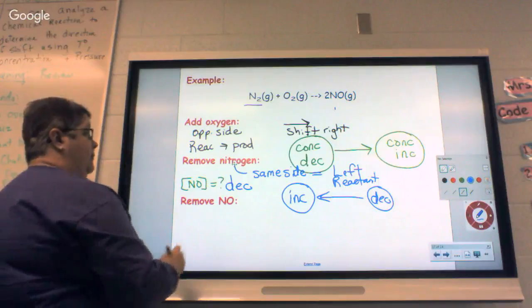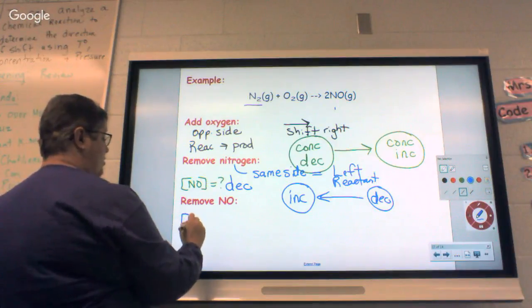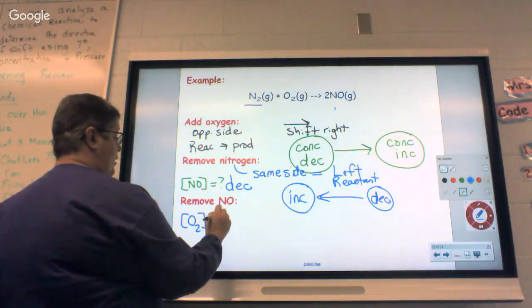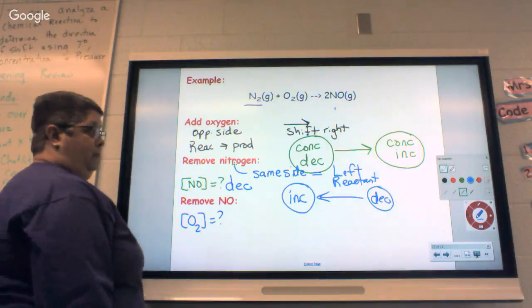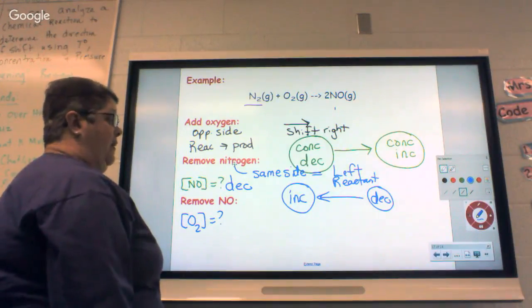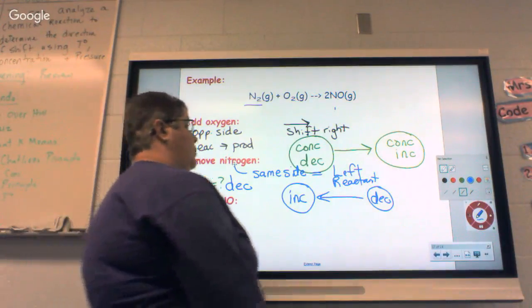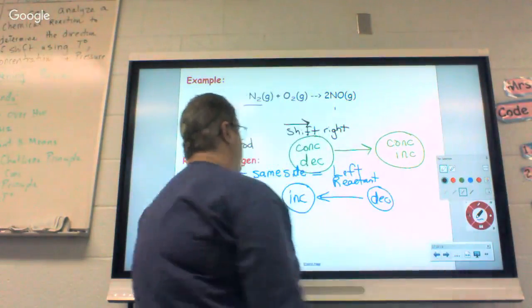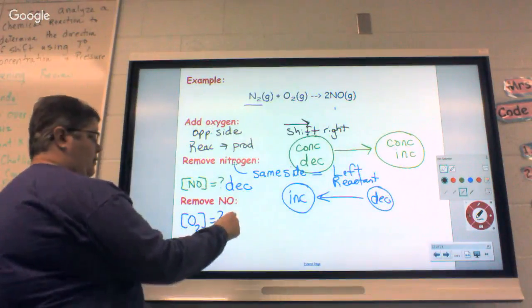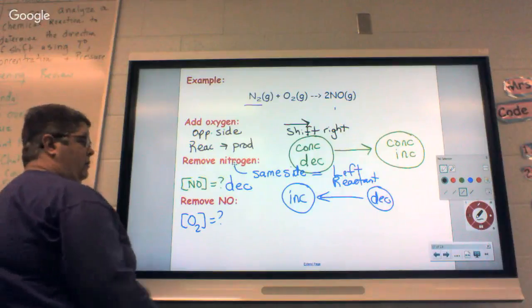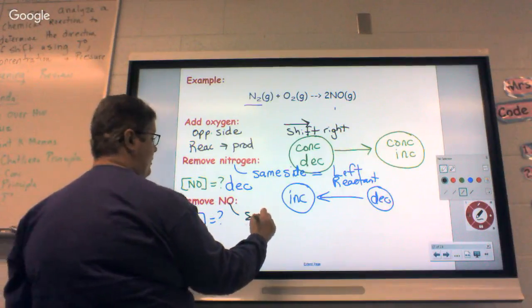Okay. Suppose I ask about oxygen concentration in this one. If I remove NO, what is the rule? Same side.